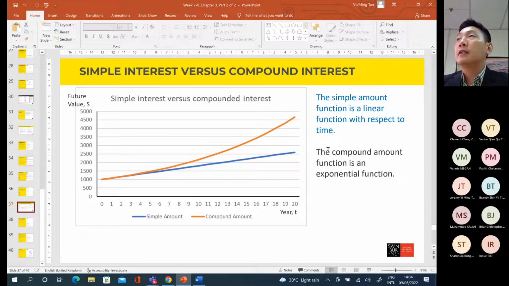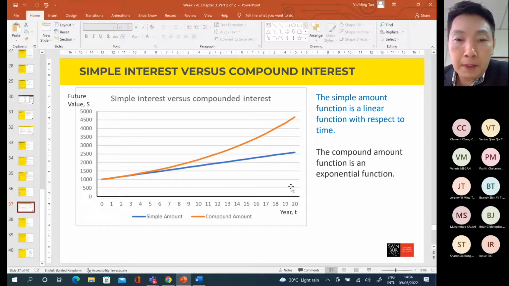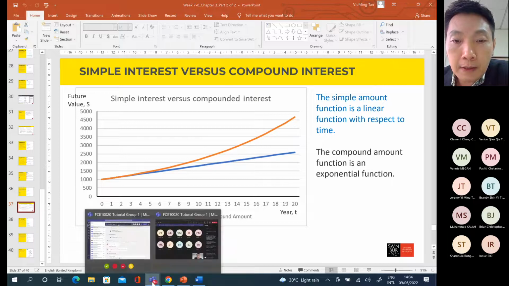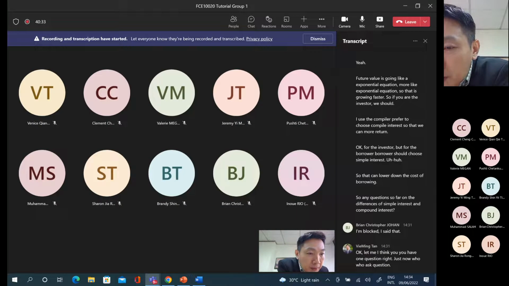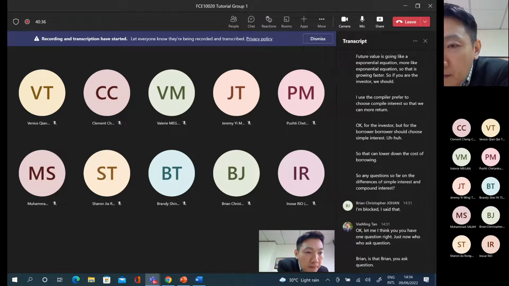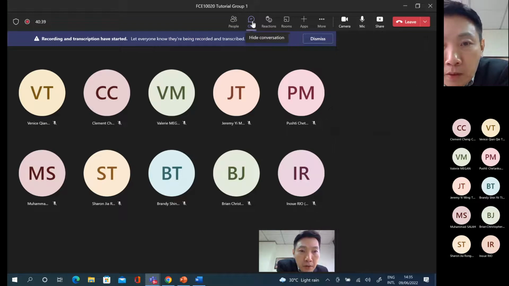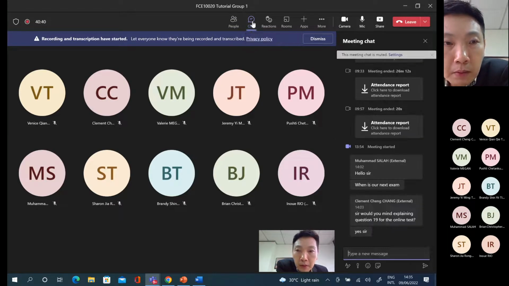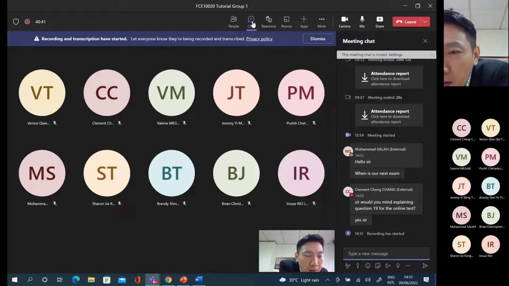Any questions so far on the differences between simple interest and compound interest? I think you had one question just now. Who asked the question? Brian? Muhammad Salam? Oh, Clement? Can you repeat the question?